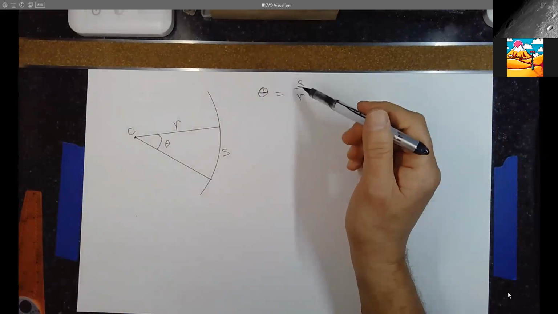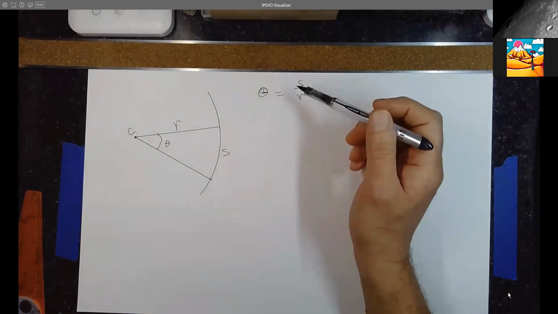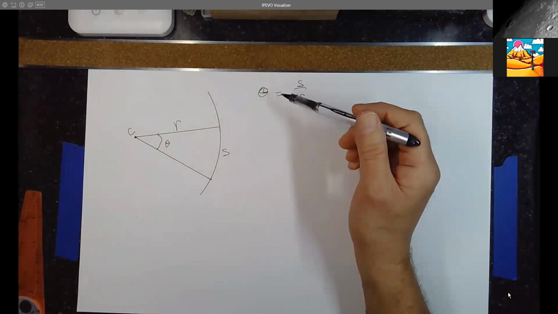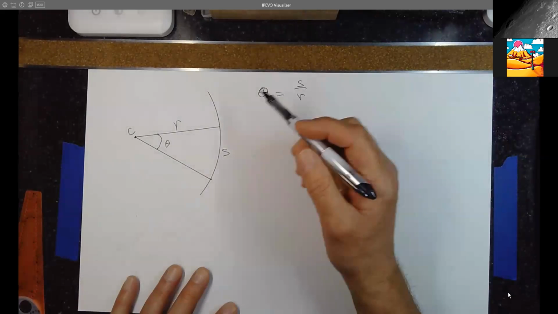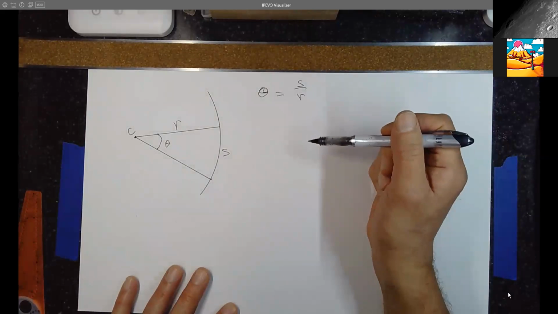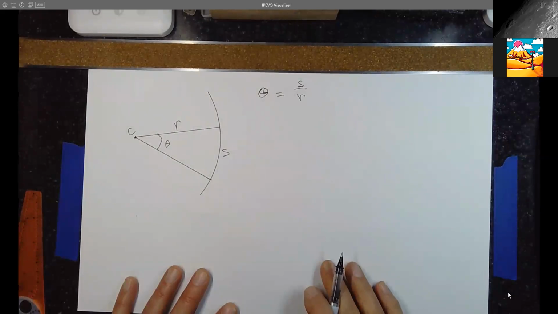And it turns out that when the angle is very small, there isn't any worthwhile difference between the angle theta and the sine of theta and the tangent of theta. So we'll use that approximation a little bit later. But for now, we'll just go with what we have here, that S over R is just going to be the angle theta.